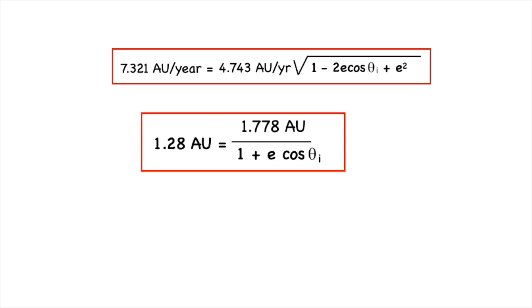Solving for E and theta sub I algebraically would be quite a challenge, but thanks to the magic of graphing calculators, we can find the answers we're looking for rather easily.